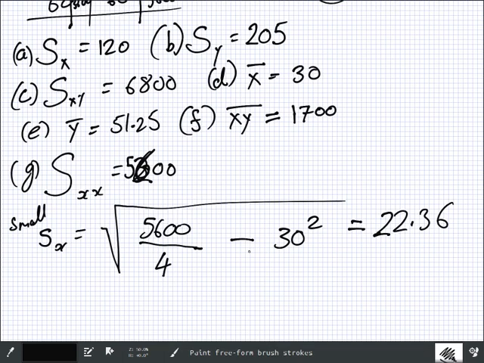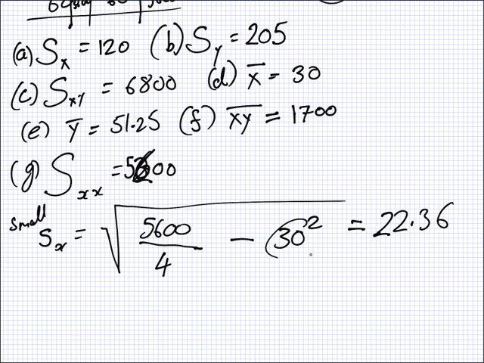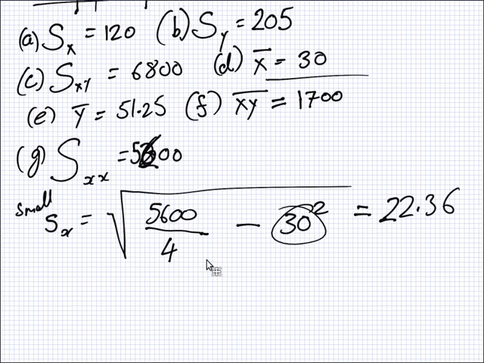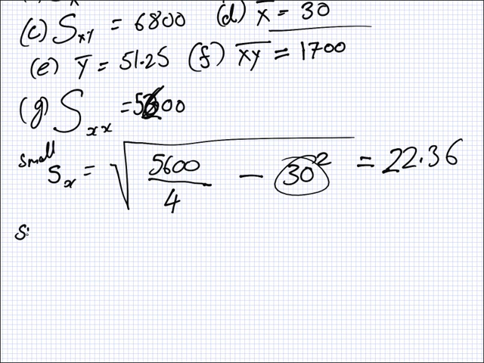Say again. Well, the formula in the formula book. What was here in the formula book? Average x squared, which we worked out to be 30. Yeah. Now the next is small sxy. That's in the formula book, isn't it?